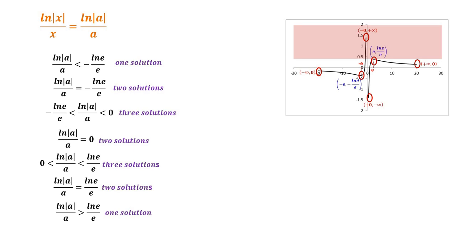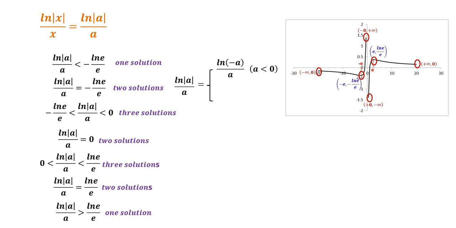So remember, ln absolute a over a has 2 cases. When a is negative, it is equal to ln negative a over a. When a is positive, it is equal to ln a over a.